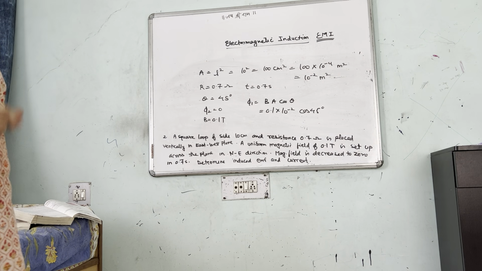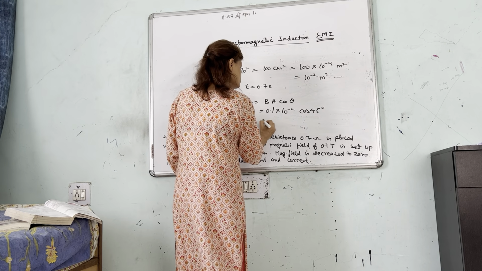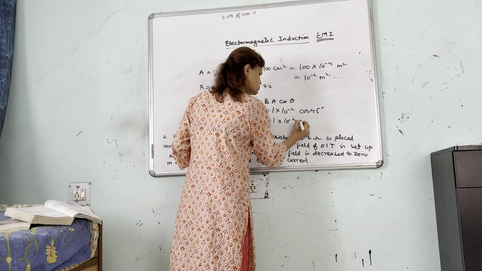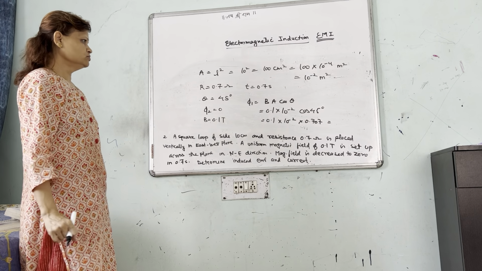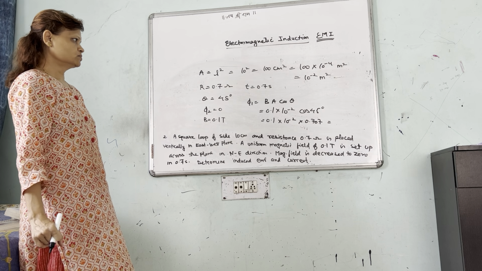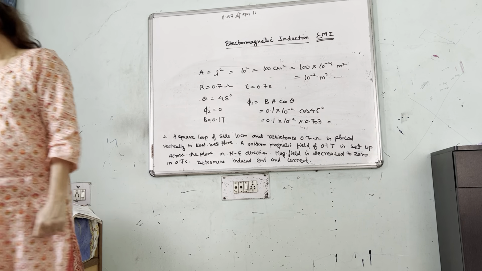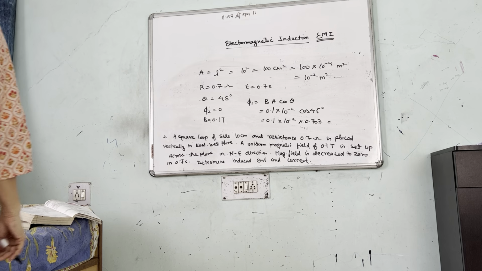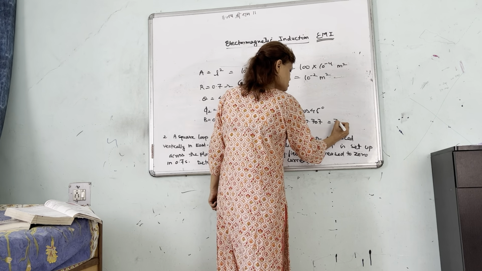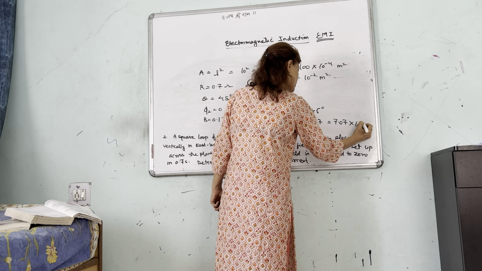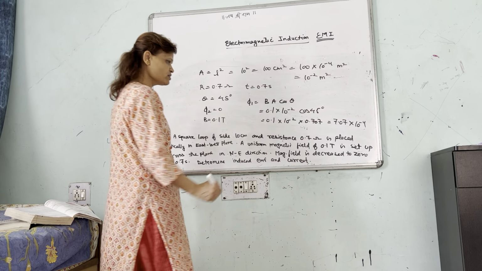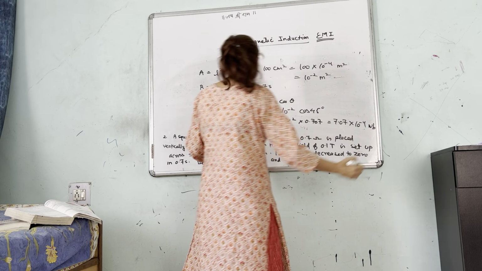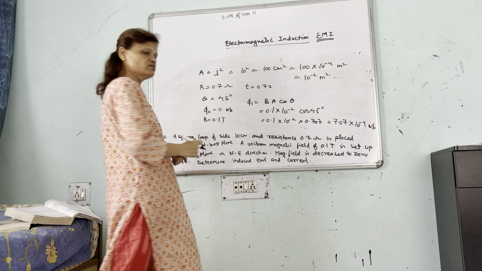Cos 45 is 1 by root 2, you can take 0.707. So then I can write it as 7.07 into 10 raised to minus 4, because this is minus 3, I have shifted one decimal. So 10 raised to minus 4 Weber. Phi 2 you already know, 0 Weber.